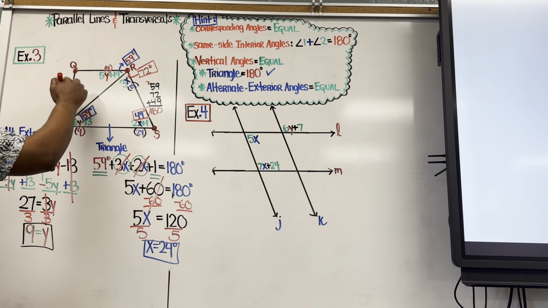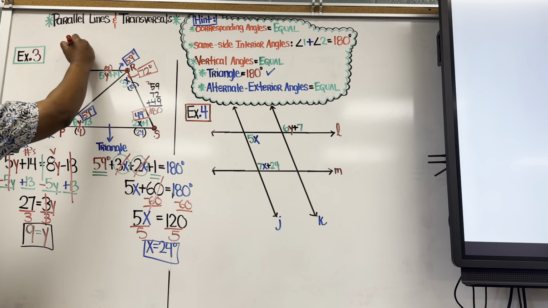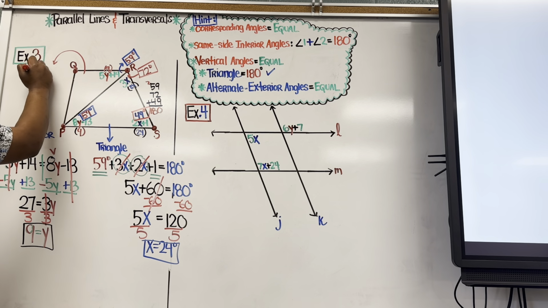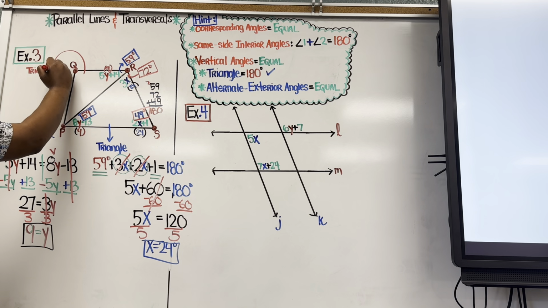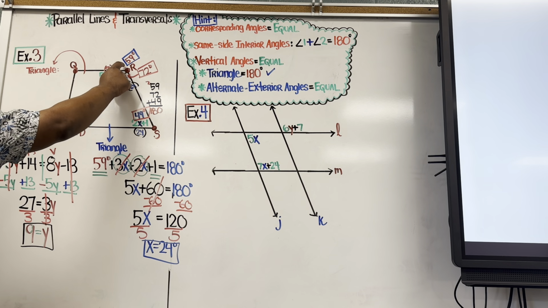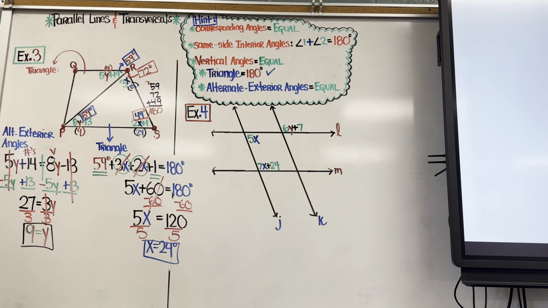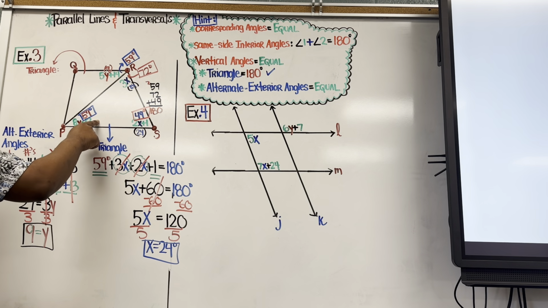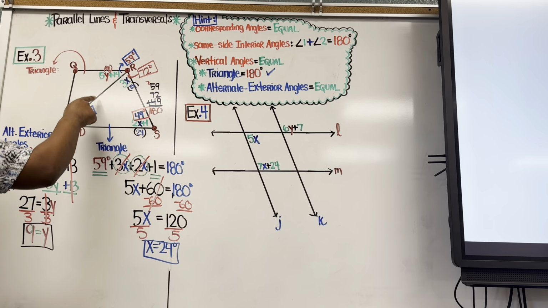Now let's get to this particular triangle, okay? In this particular triangle, guys, remember, we already have the value of this particular angle, right? But remember, guys, this angle and that angle are alternate exterior, meaning that they're equal.